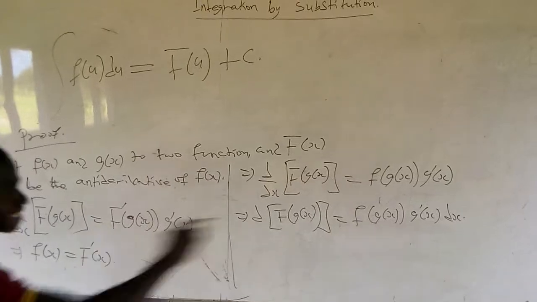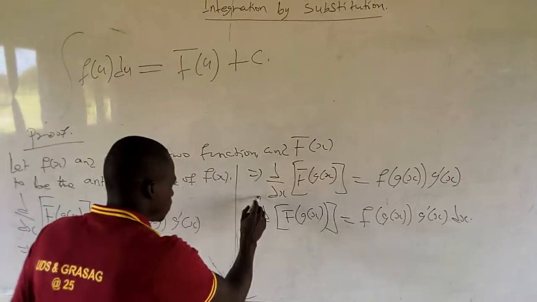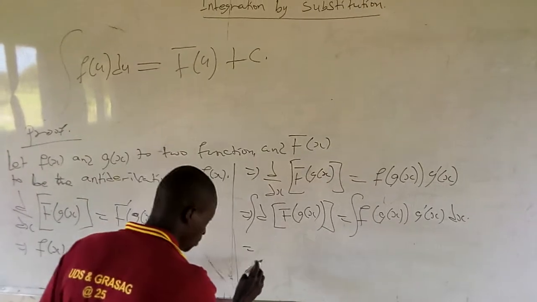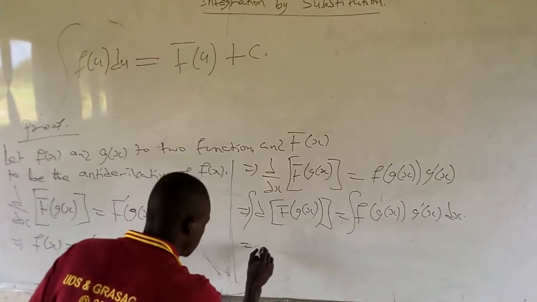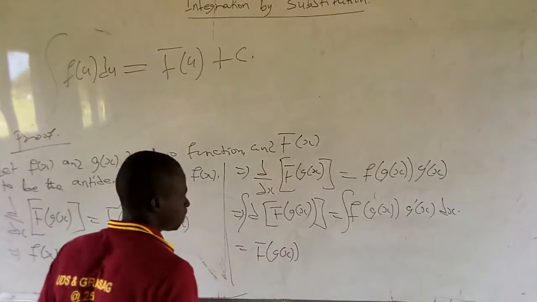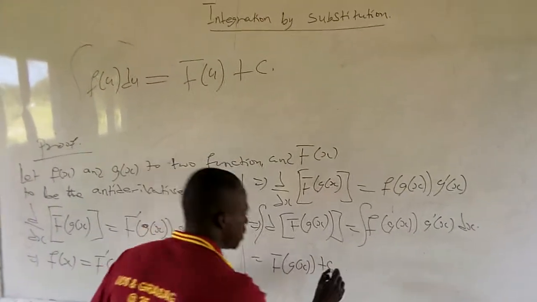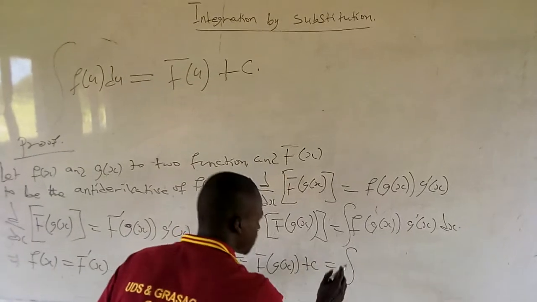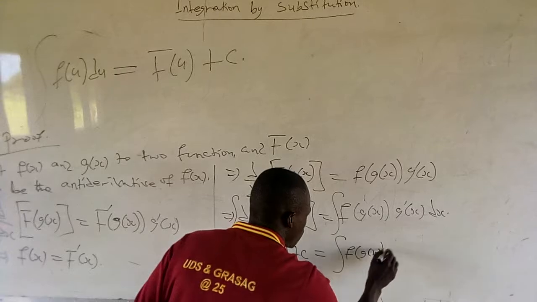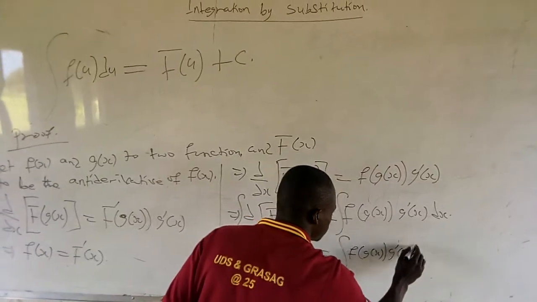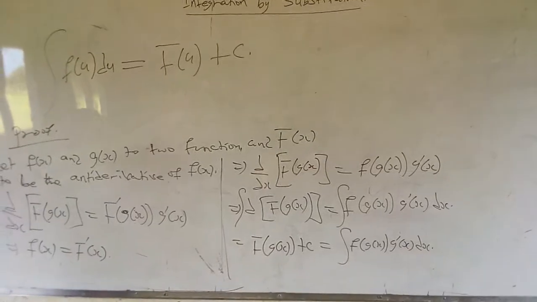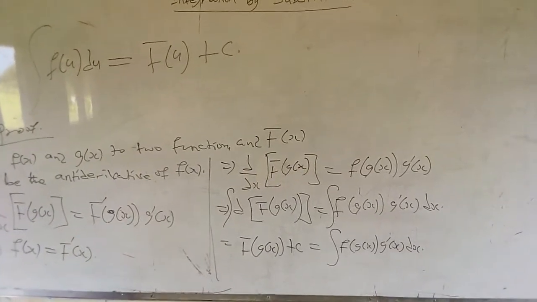Now, integrating this, this will yield F of g of x plus c equals the integral of f of g of x multiplied by g prime of x dx.